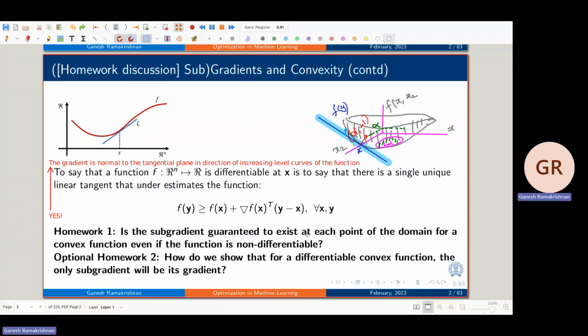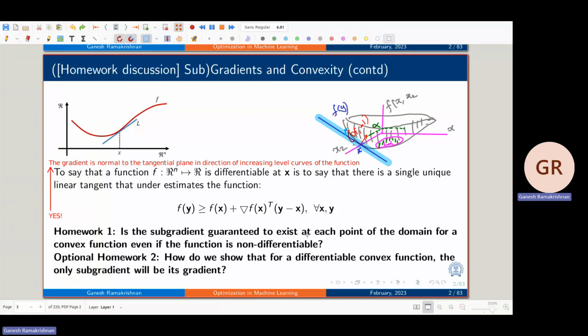This is the key here. This is where convexity is coming in. It should be perpendicular to the supporting hyperplane. Make sure you get this intuition.